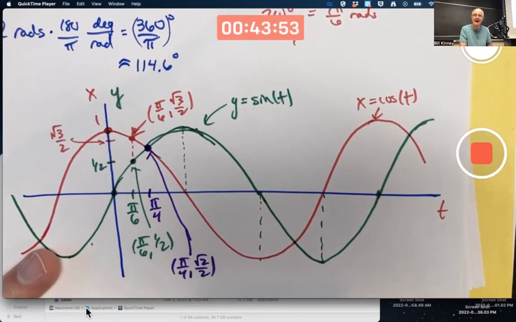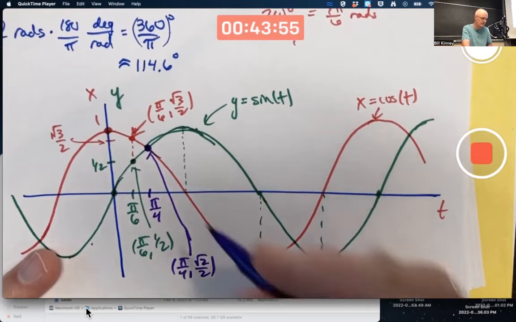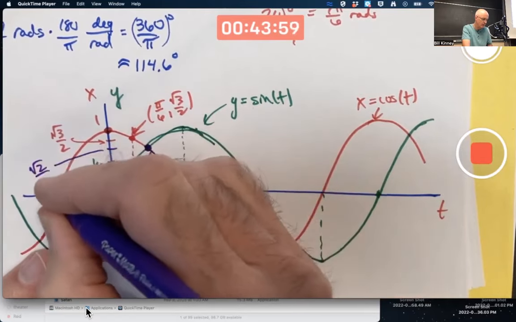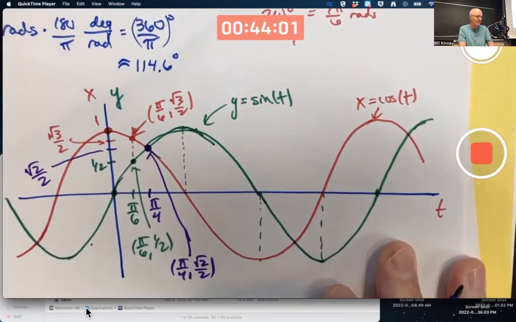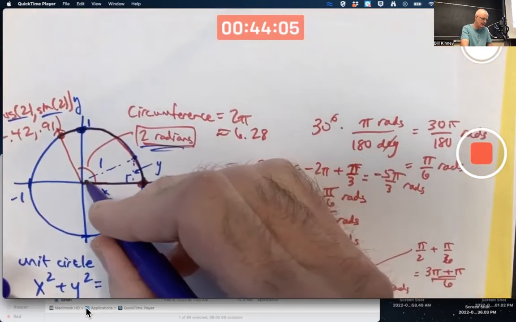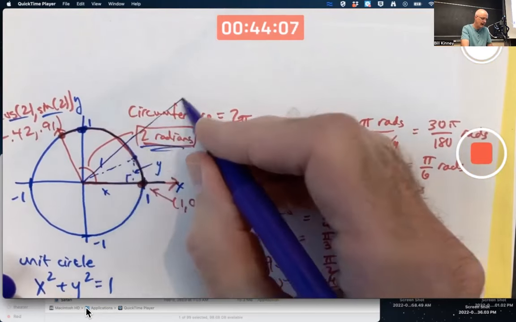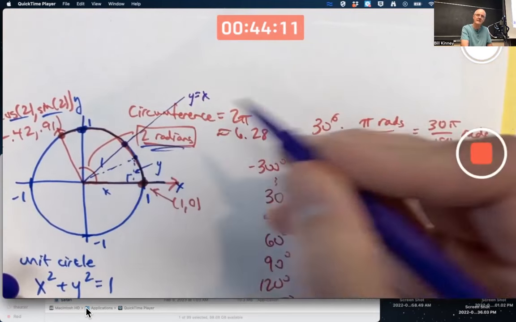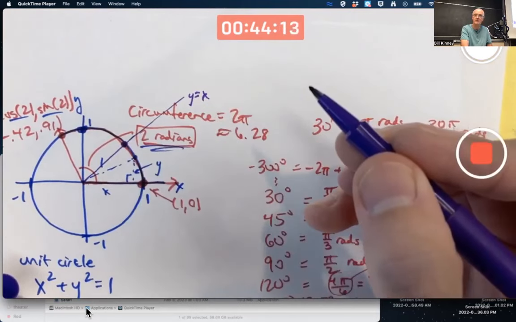The cosine and sine of pi over 4 are equal. Square root of 2 over 2. Why? They have to be equal at 45 degrees because you're on the line y equals x there in the plane. The coordinates are the same there, and they both turn out to be square root of 2 over 2, which you can check by the Pythagorean theorem.